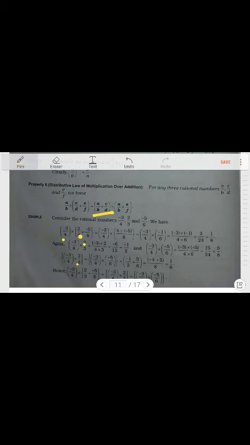This is written over here, and plus another term is written over here. These two products have been added. From here came −1/2, and from here came 5/8. So when added, LCM has been taken 8, and 8 divided by 2 is 4. So 4 into −1 is −4, and then 8 divided by 8 is 1, and 1 into plus 5 is plus 5. So it becomes (−4 + 5)/8.